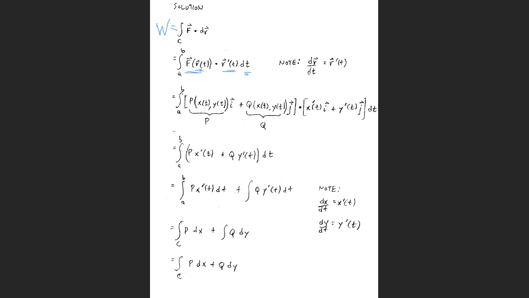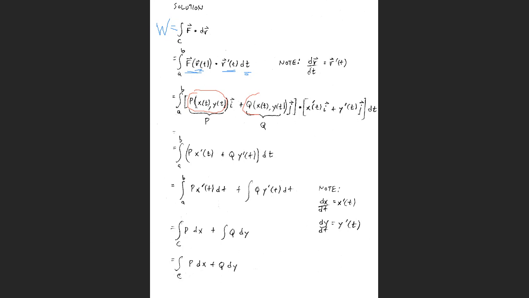Now I'm going to write out my vector field F. This is a two-dimensional vector field, and it has components P, which is a function of x and y, which are functions of time, and that's the I component.